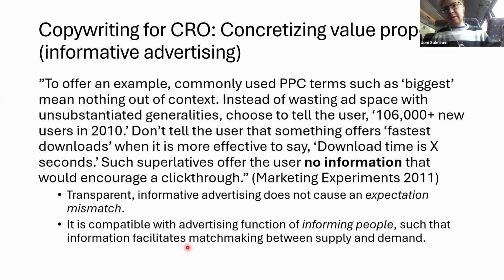And then if they decide that it's for them, it's interesting for them, then they click, and then you are likely to get a higher conversion rate. But if you overpromise, the opposite will happen. Your conversion rate will be lower, and your cost will be higher. So that's why it is super, super important to align the expectations. And one tactic for it is to be very precise and informative in your marketing communications.